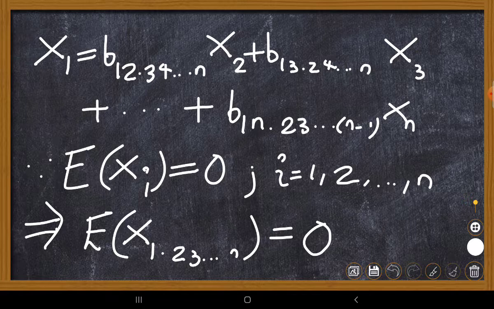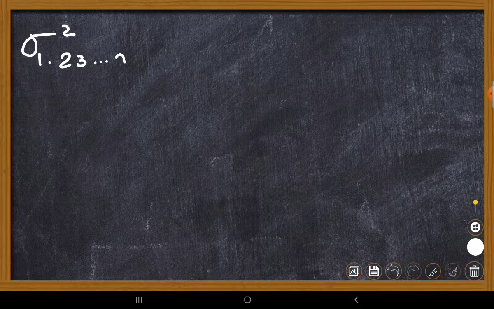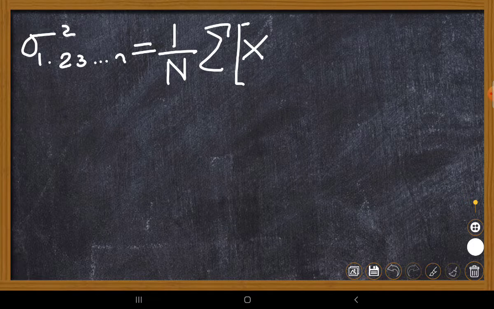So now let us find the variance of the residual. The variance of the residual will be denoted by sigma square of 1.23 up to n. You take the original formula: 1 by n summation of x1.23 up to n minus the expectation of this, whole thing squared.